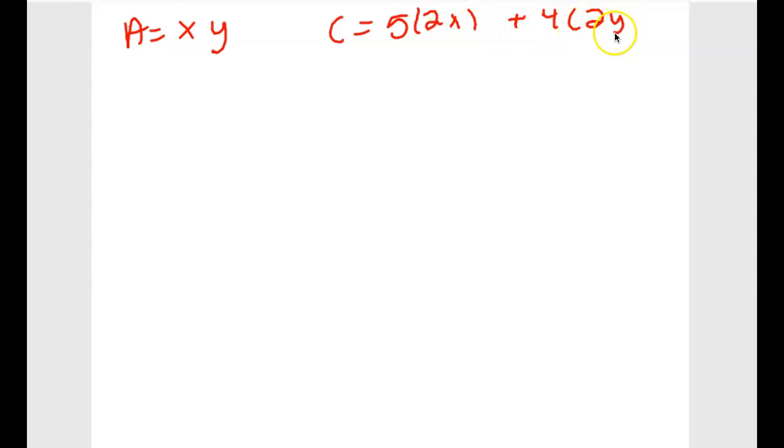Area is still x times y. Cost is still 5 times 2x plus 4 times 2y. Now the area is what I'm maximizing, so my substitution is going to come from cost and go into A. So I have $800 here.